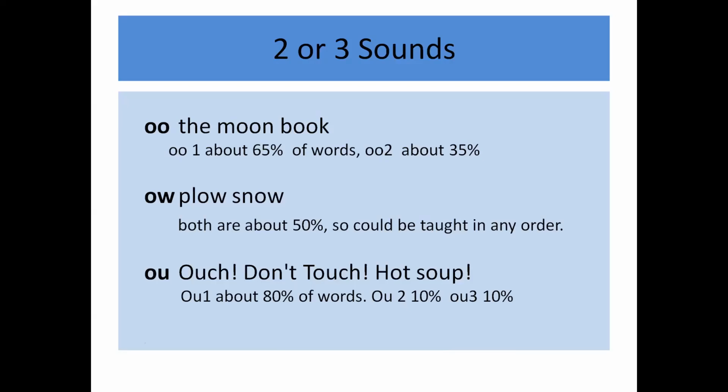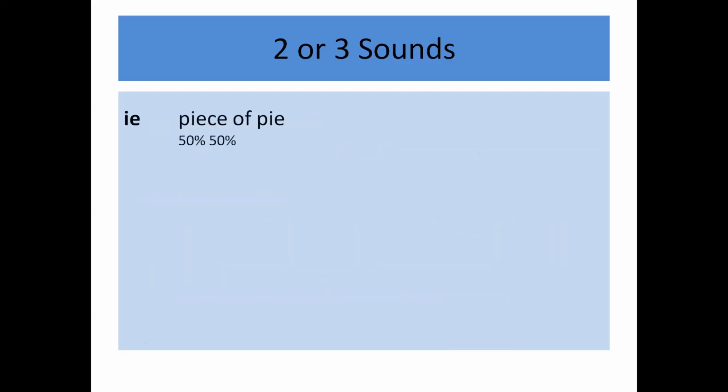OU makes three different sounds. However, 80% of the time it's making ow, like in ouch and found. And the rest of the time it's either making an like in touch, or oo, like in soup or group. I and IE beside each other, it's either making sounds like in peas or pie, so E or I. And it's about 50-50.